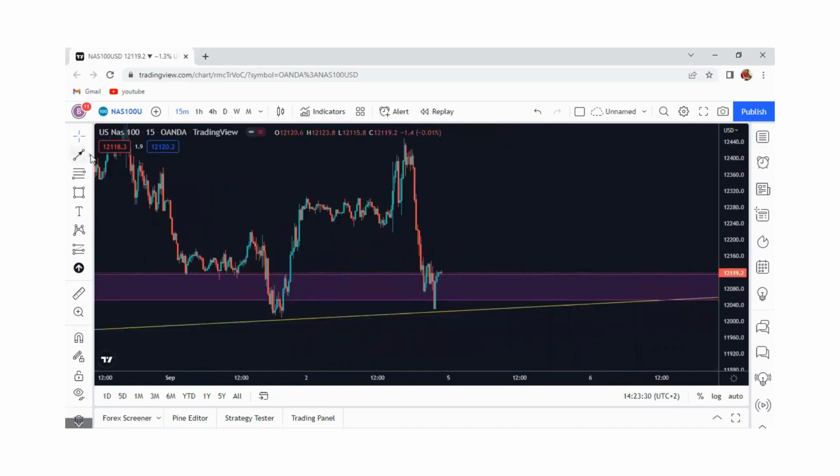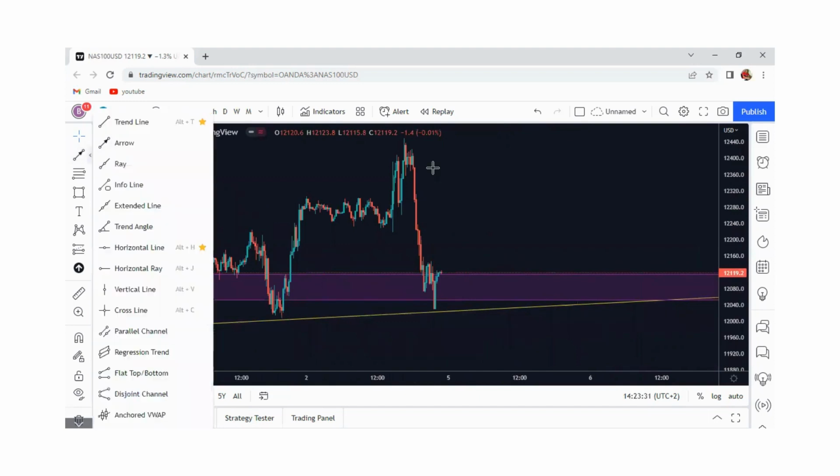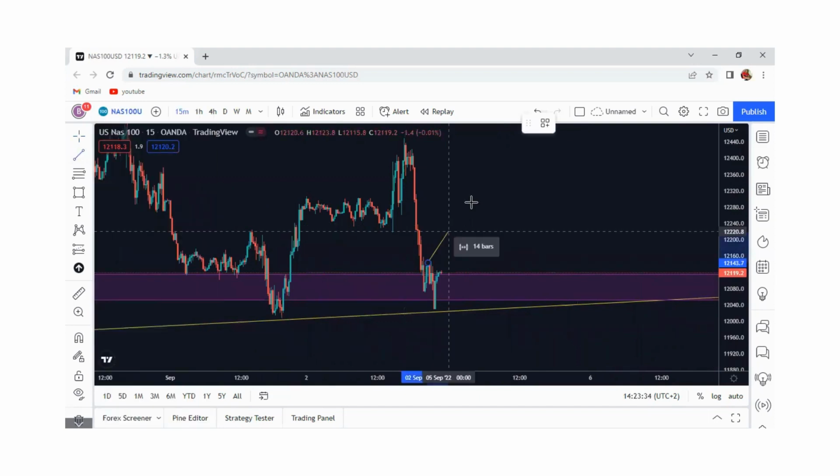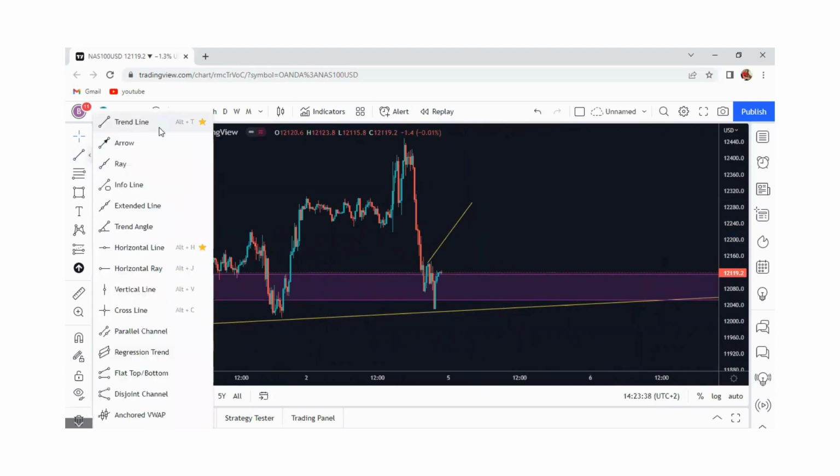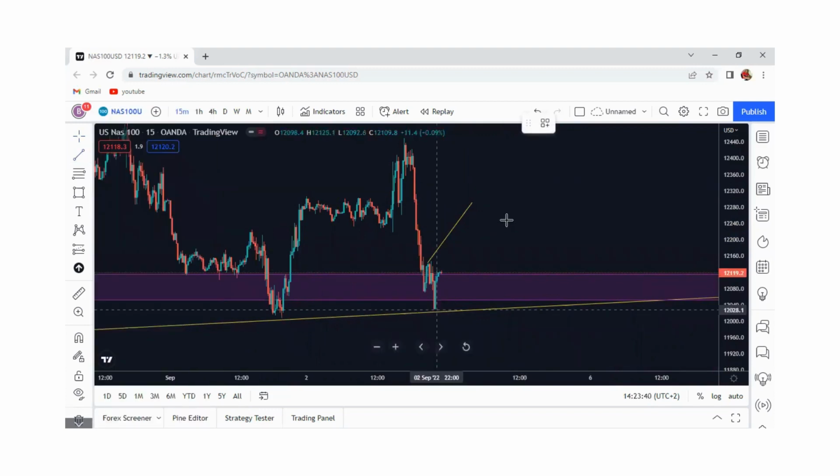But I would want it to move like this. In order for me to get in the trade, I want it to move with the reversal pattern, then that's when I know that I'll be going in with my sell entries.